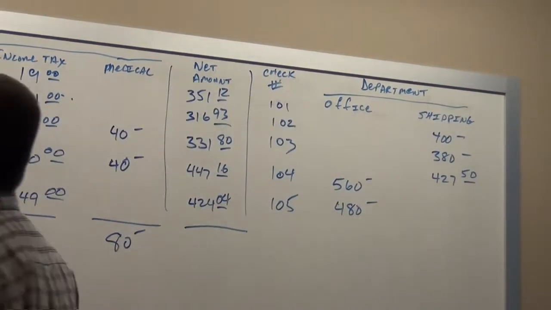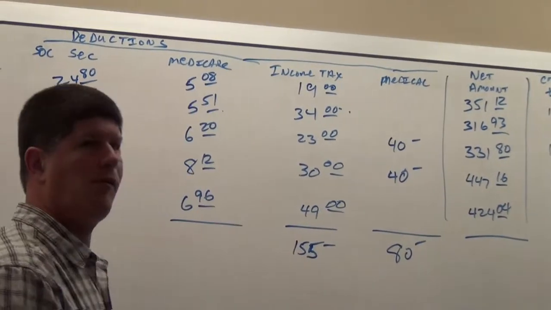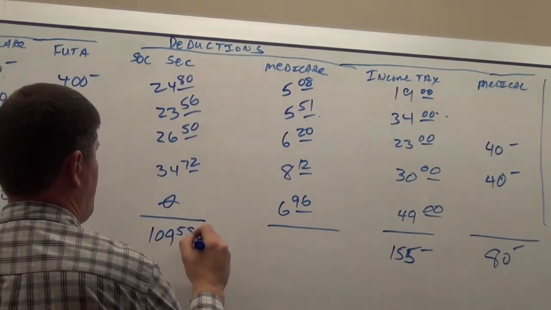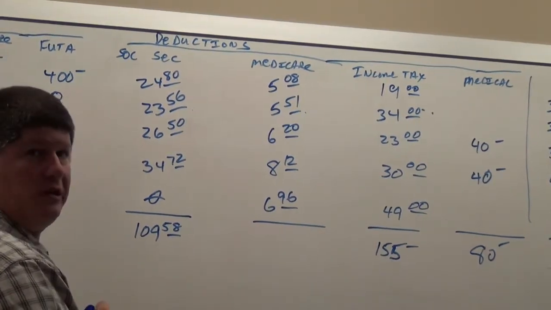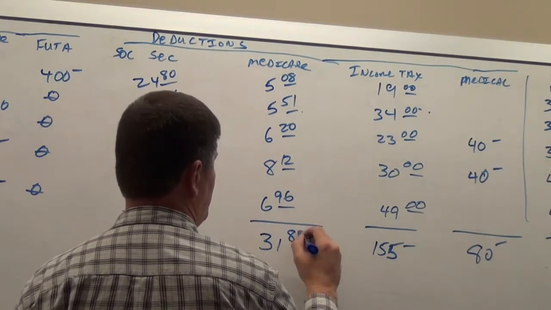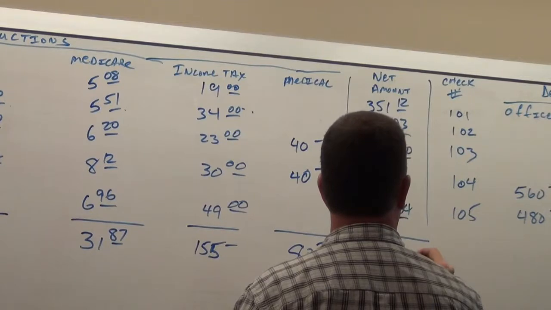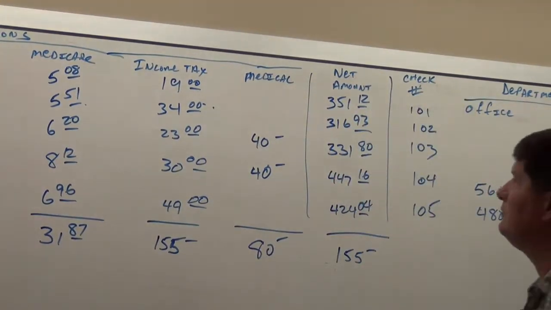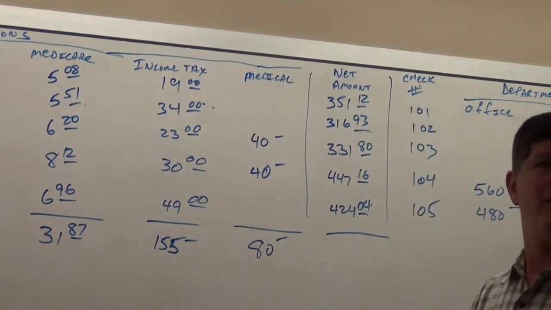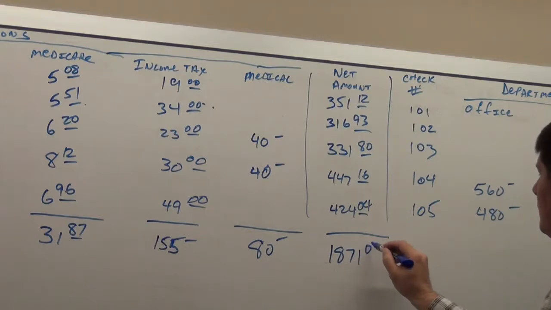I got medical. 155 for income tax. 109.58 for Social Security. $31.87 for Medicare. We need the net amount. I got 1871.05.